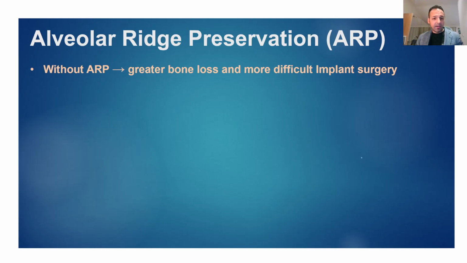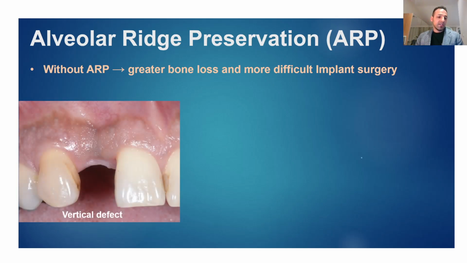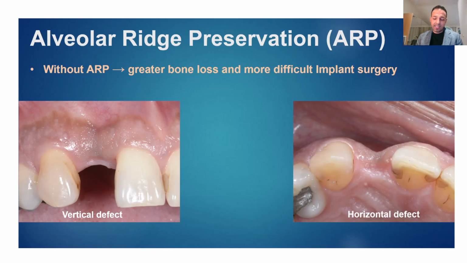So without ARP, we get greater bone loss and more difficult implant surgery in the future. As you can see, there's vertical bone loss there, and there's also horizontal bone loss on that same patient. You can see how much it's pulled in from where the buccal plate used to be.